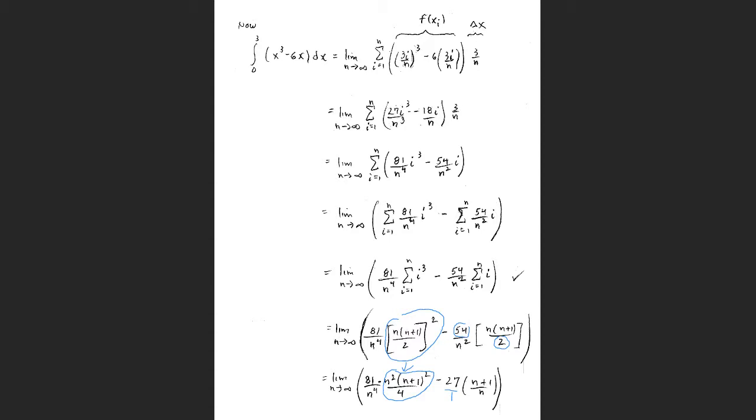And then n times n plus 1 divided by n squared is just going to be n plus 1 over n, because the n in the numerator simplifies with the n squared in the denominator, giving you 1 in the numerator and an n in the denominator. And so we end up getting here.